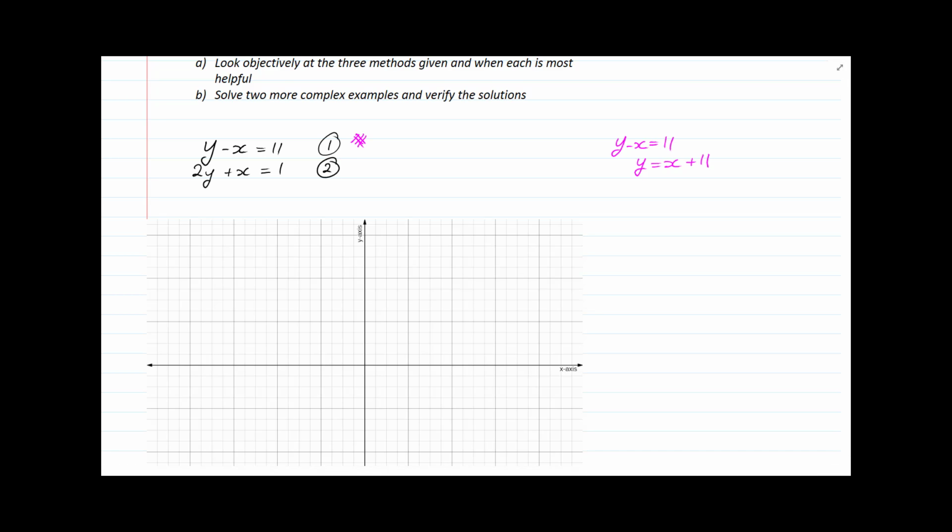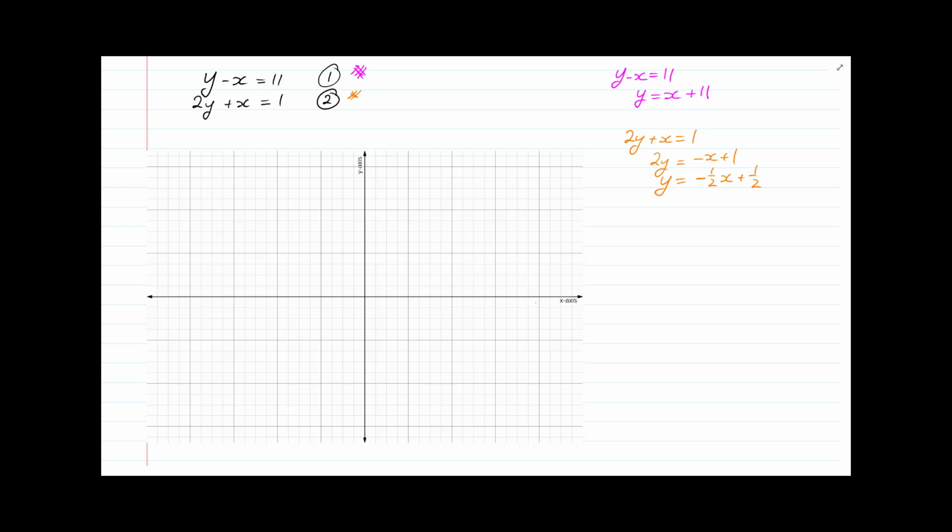And equation number 2, which I'll do in orange, is 2y plus x equals 1, which means that 2y is equal to negative x plus 1. Notice I'm maintaining that mx plus c notation. And y is equal to negative 1/2 x plus 1/2.